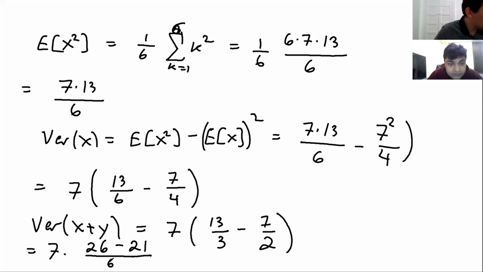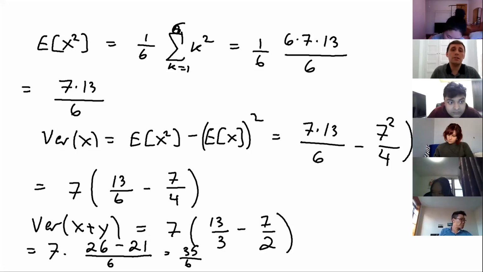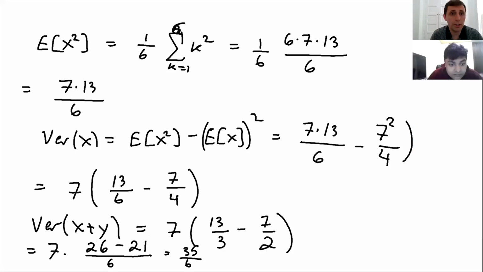And that's just 7 times 5, which is 35 over 6, as you solved correctly. Good? So the answer is 35 over 6. Correct.